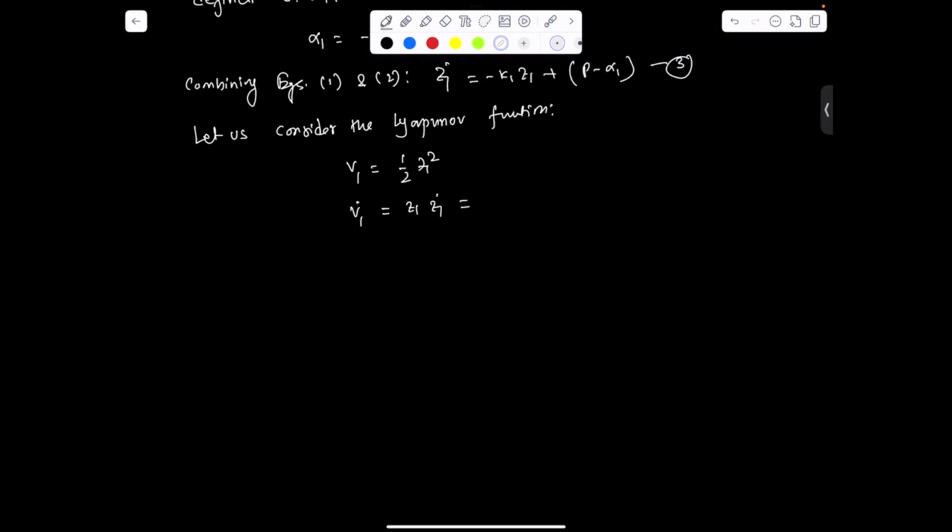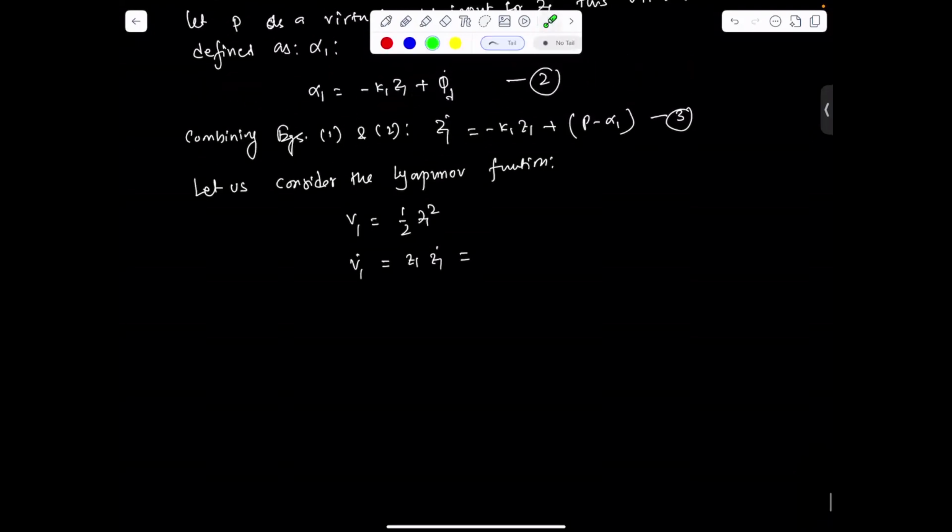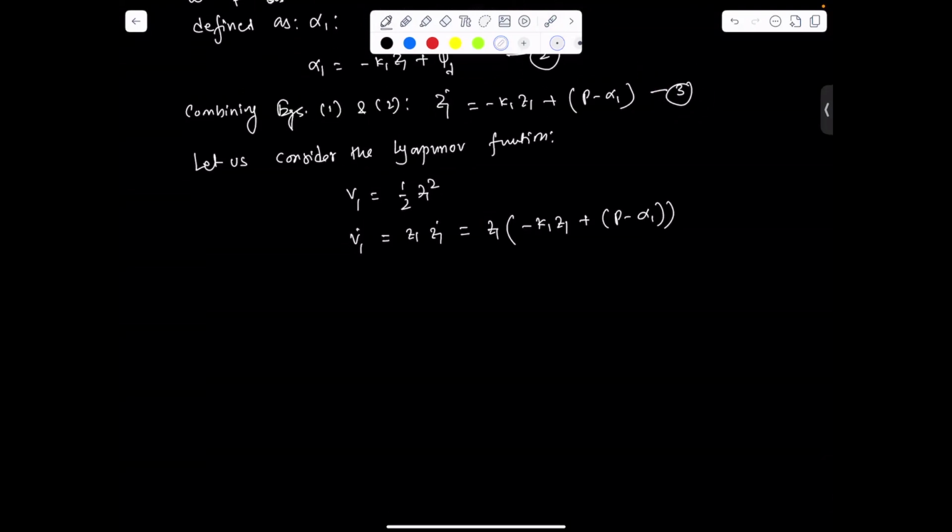In place of G1 dot we can substitute this expression 3. So G1 times minus K1 G1 plus P minus alpha 1. And let us define this as equation number 4.